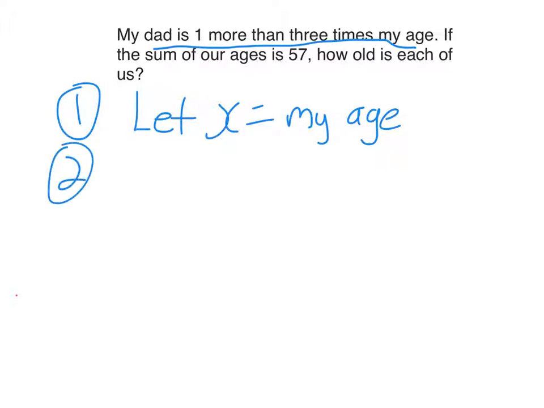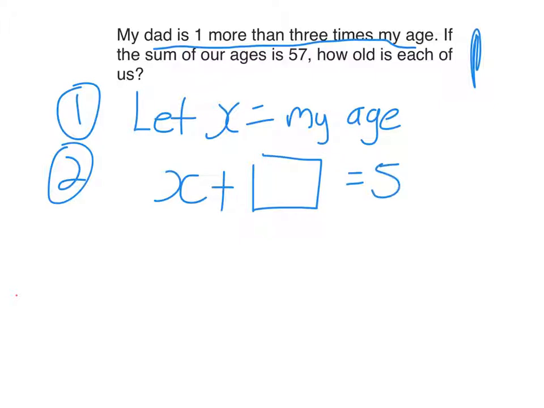Second step, what we want to do is we want to put this information here into an equation, okay? So again, there's some information that's not needed, it doesn't matter whether the person's my dad, uncle, friend, whatever. We don't need to put that in the equation. So what we're going to say, my age plus my dad's age equals 57.